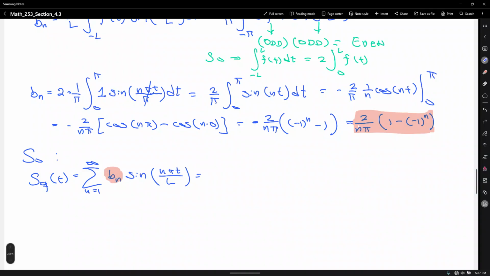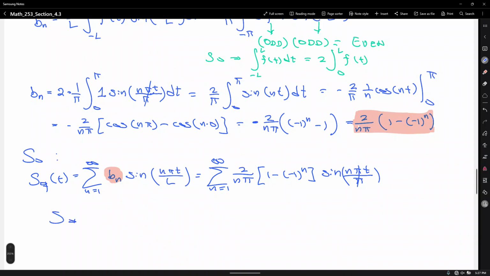All right, so this would be equal to the sum from n equals 1 to infinity of 2 over n pi times 1 minus negative 1 to the n times sine of n pi t over L, which is actually pi, and this pi is reduced.